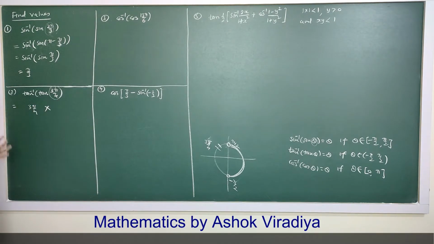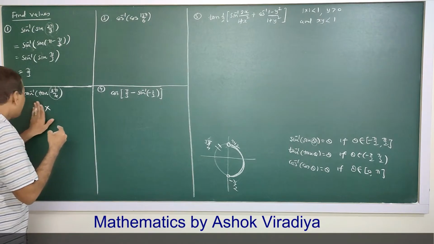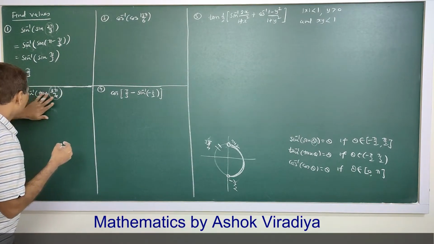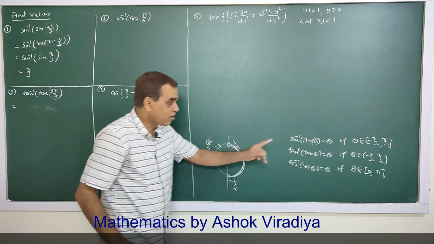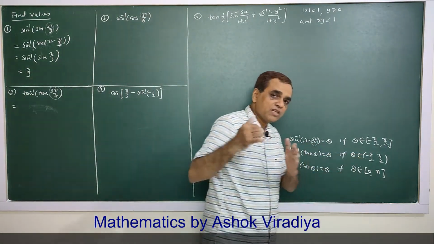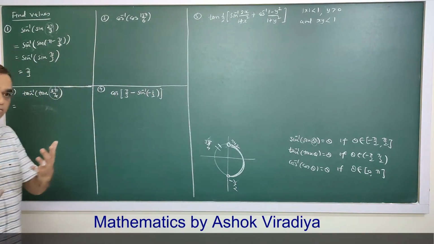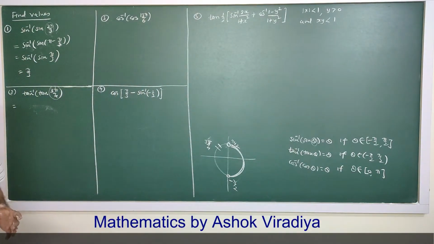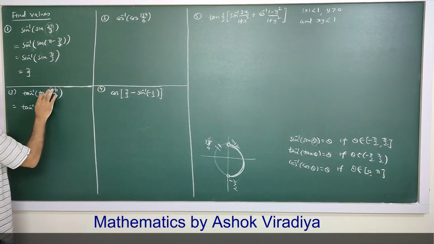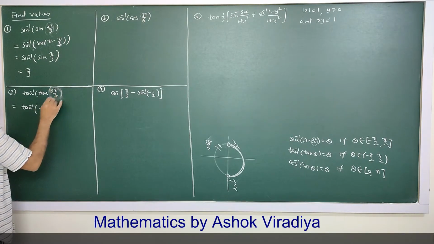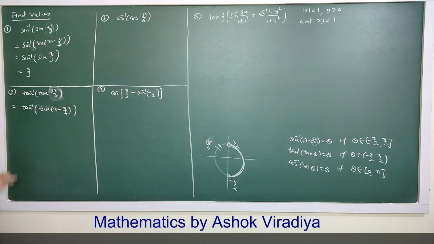This is not the correct answer. So to obtain its proper value, what do we do? A given number which does not belong to this interval, we convert into a new number belonging to that interval. Using a property of trigonometric functions, 3 pi by 4 can be expressed as pi minus pi by 4.